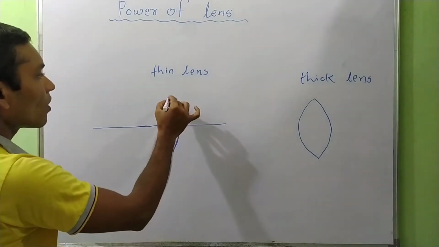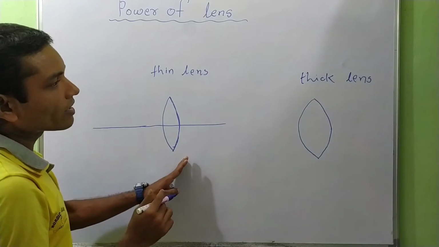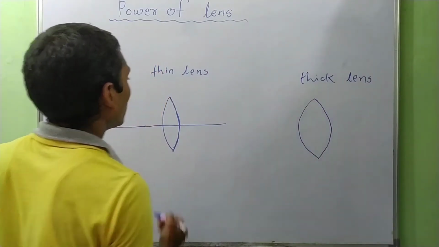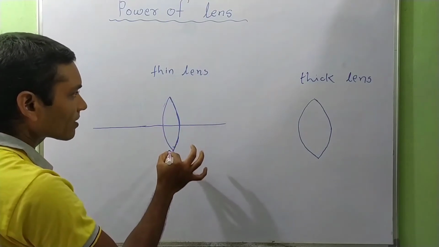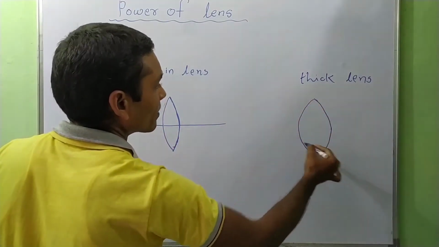The curvature of this face is smaller than the curvature of this face of this lens. The curvature of this face is smaller than the curvature of this face.